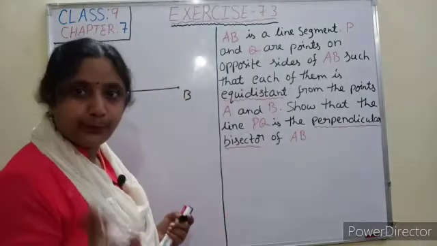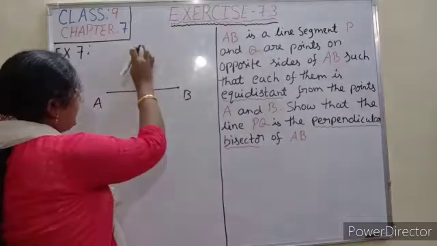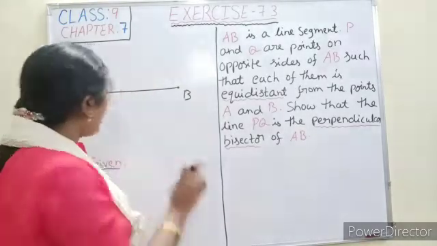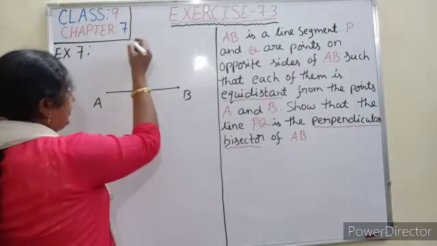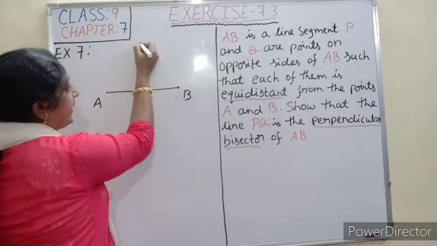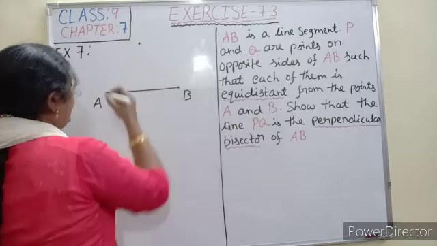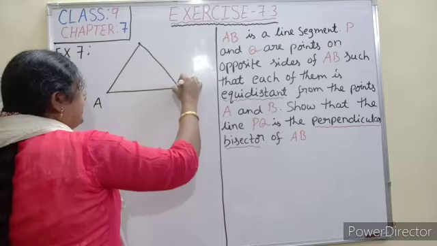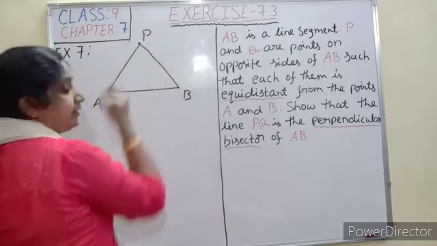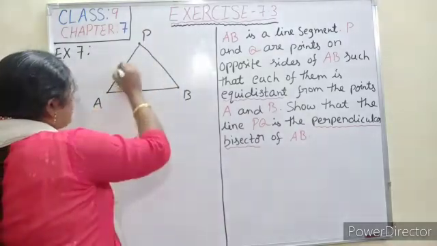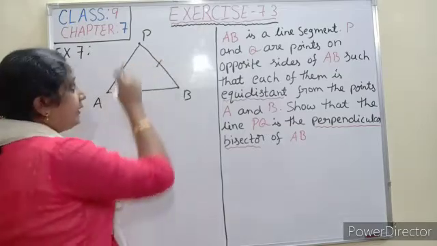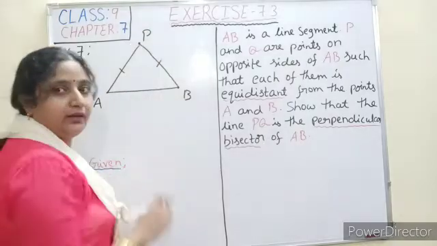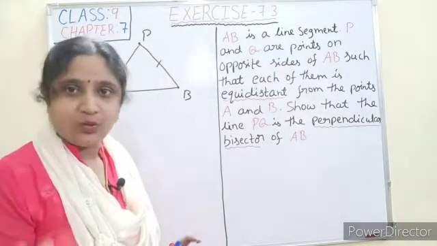That means the P point, suppose I am taking P on this side, should be equidistant from the points A and B. I am taking P here for example. This P point should be maintained equidistant from the points A and B. That means the length of PA and the length of PB should be the same.